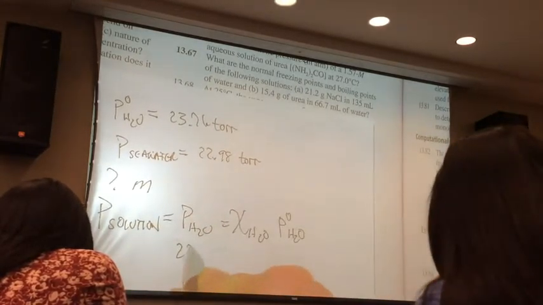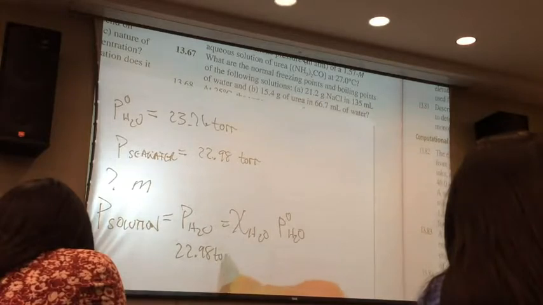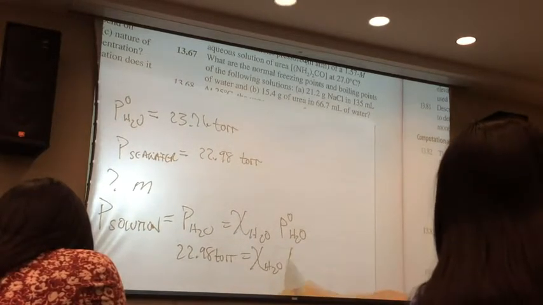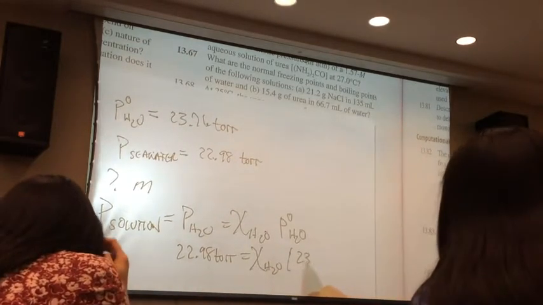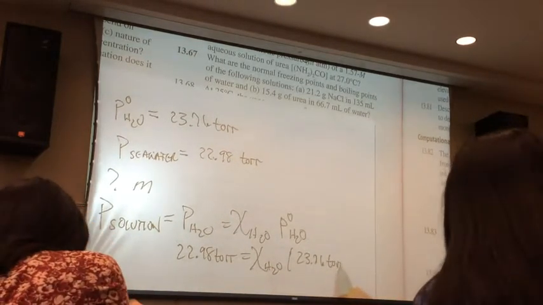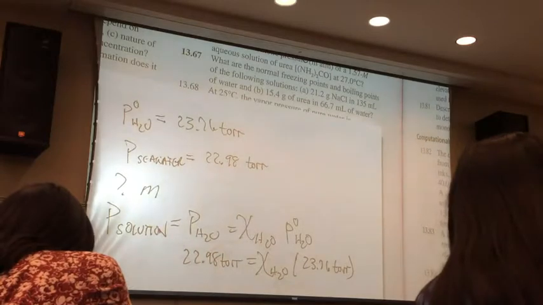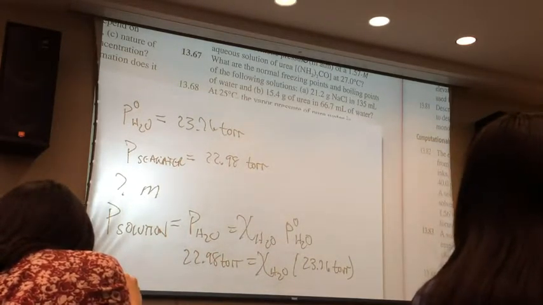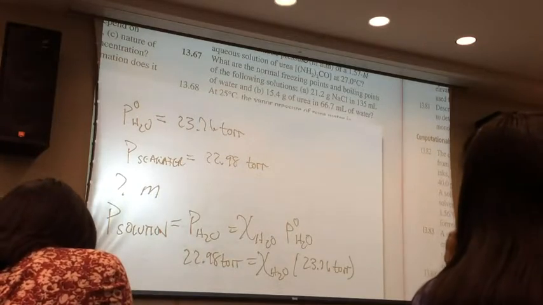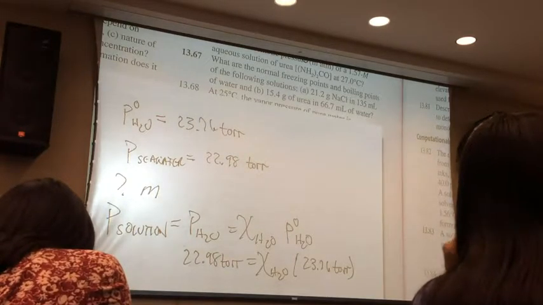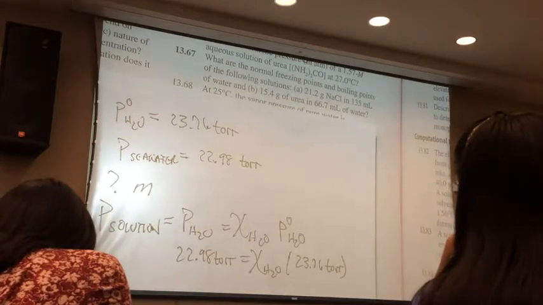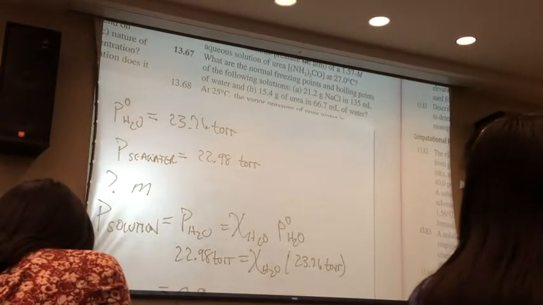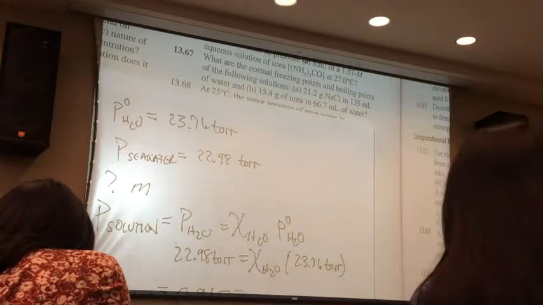So this number is 22.98 torr, equals the mole fraction of water times, and this value is 23.76 torr. Okay? So if we do that, and we just take 22.98 and divide it by 23.76, we end up with a mole fraction of water of 0.9672.